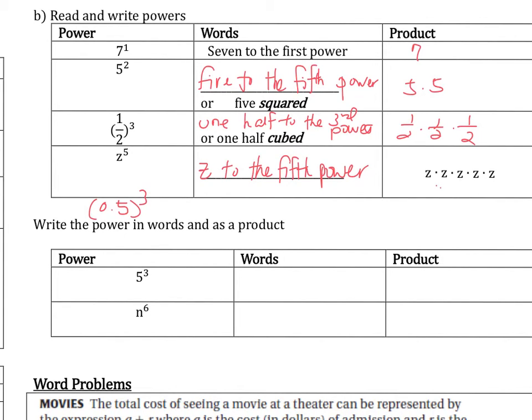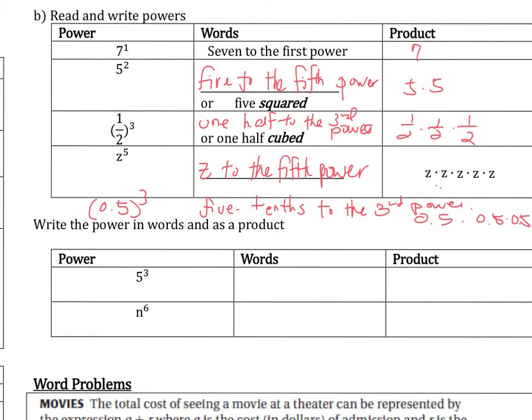There's actually a more formal way of reading that. It would be 5/10 to the 3rd power. In your textbook, you'll get some of these. And of course, to write the product will be 0.5 or 5/10 times 5/10 times 5/10.